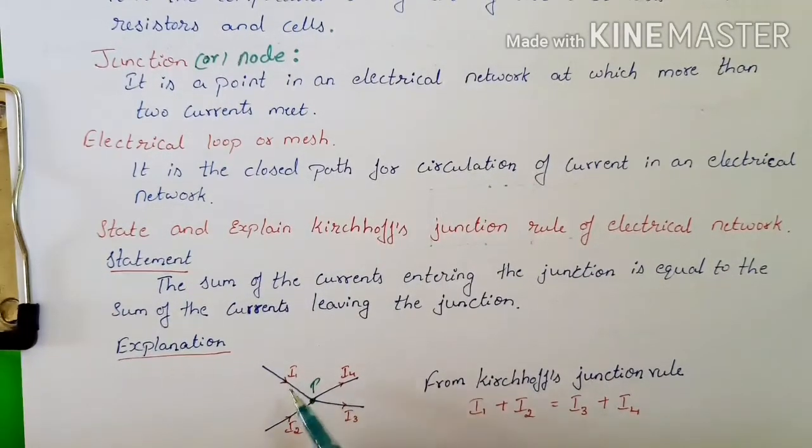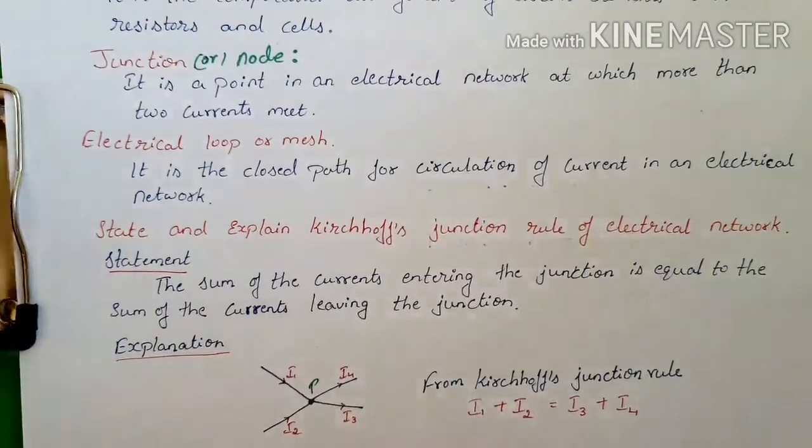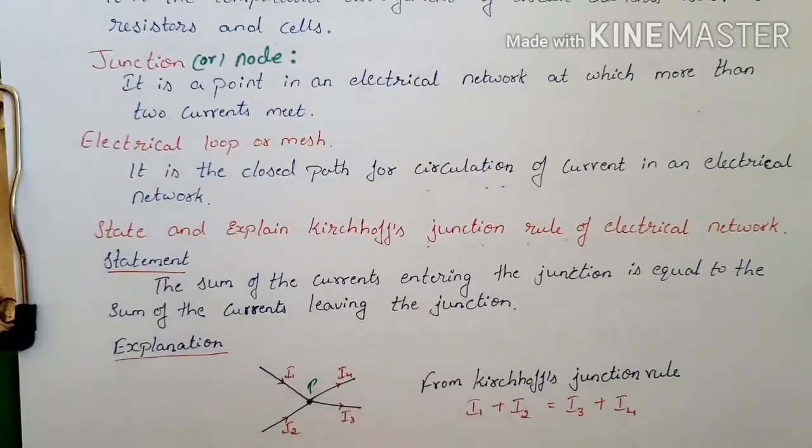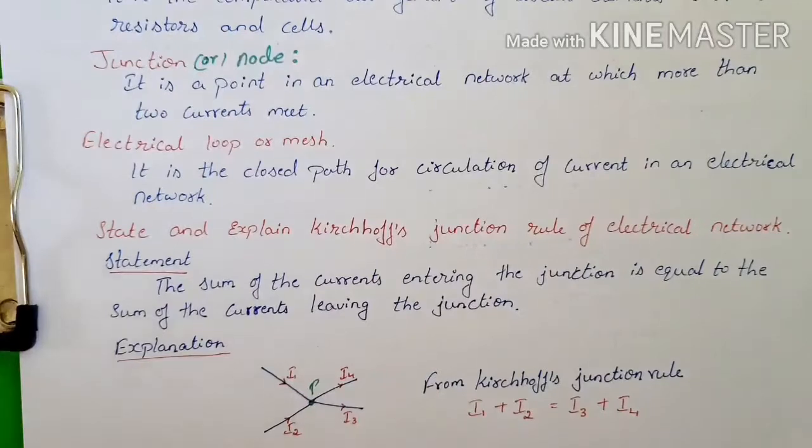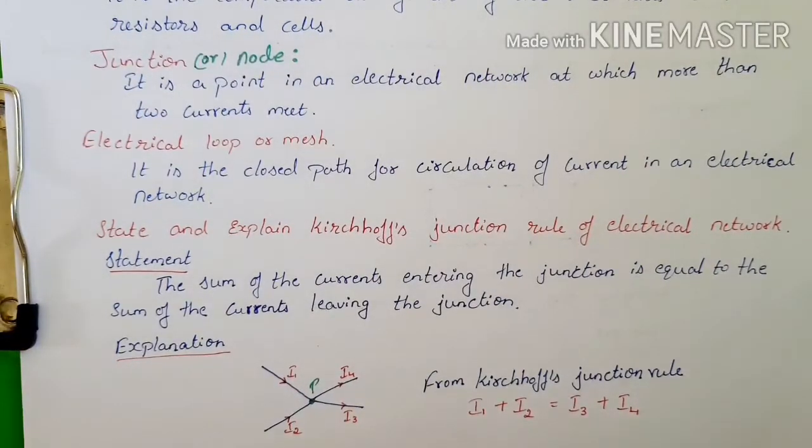I1 is entering, I2 is entering, but I3 and I4 are leaving. Like the junction box in our houses, it receives the current and gives the current to multiple devices.